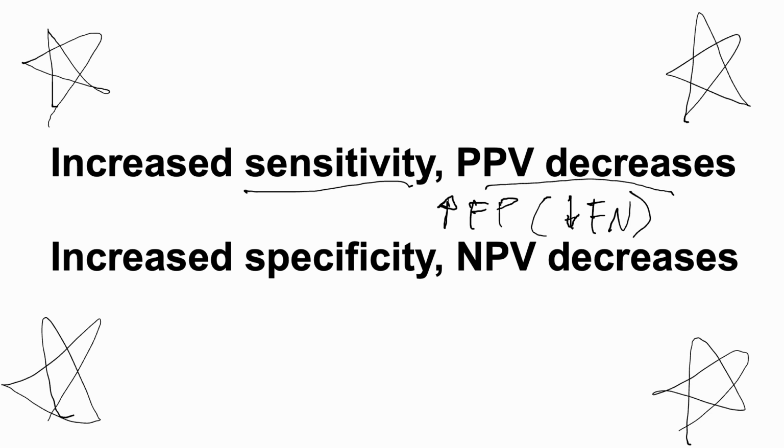However, when you increase the specificity, then the negative predictive value decreases, and that's because you'll have a lot more false negatives, but you'll have a lot less false positives, because you're basically not really going to call anything a foul. You're like, well, I know he hit him in the face, but I'm not going to call it because I don't want to accidentally call a false positive.